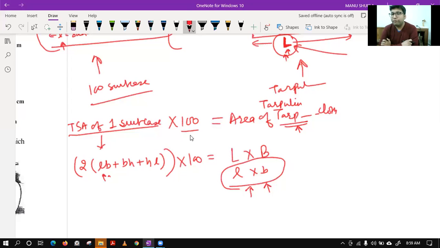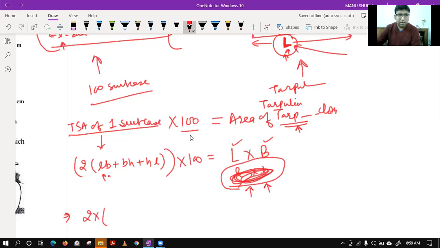No, because variables should be taken different. So it depends on you. You can take P or Q also, but I have taken L and B because I have an idea of L and B. So I have taken capitals just to distinguish between the length of cloth and the length of suitcase. I have taken this capital L and capital B. Now put the values and solve.